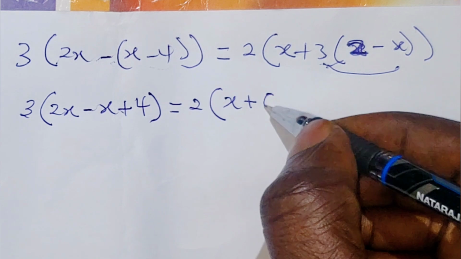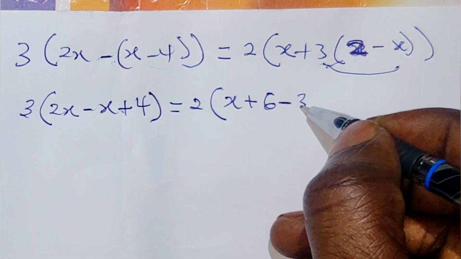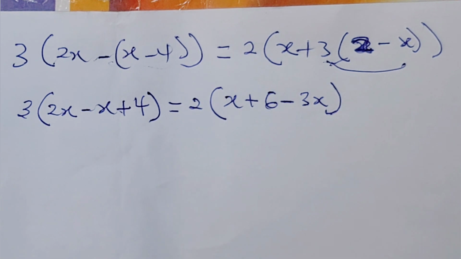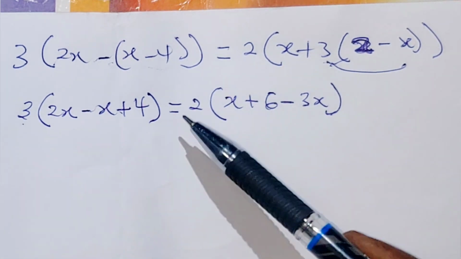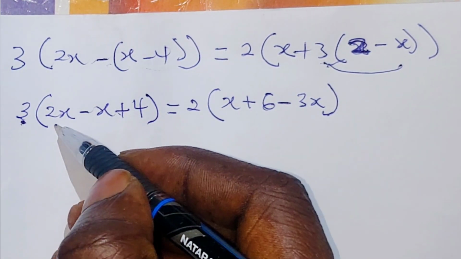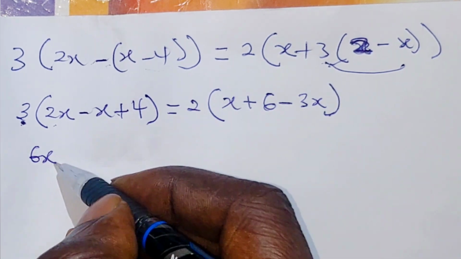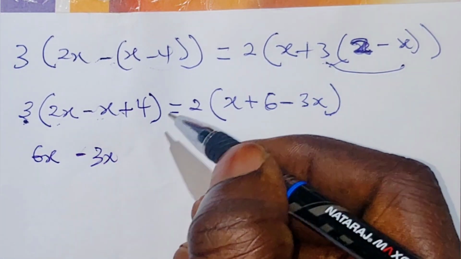So we're going to expand that and we get 3 times 2 is 6, and then 3 times x is negative 3x. Okay, so this is what we have. Then we can see that now we can expand even further. So we multiply the 3 by the 2x and we get 6x. Then 3 by x, we get 3x.